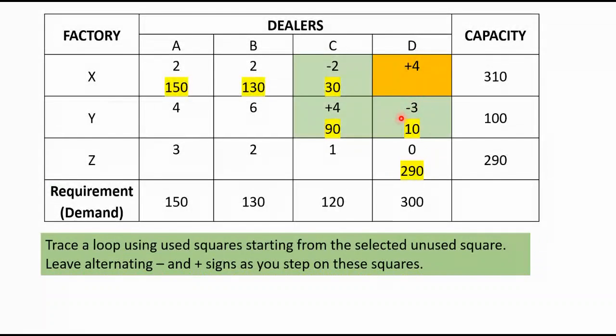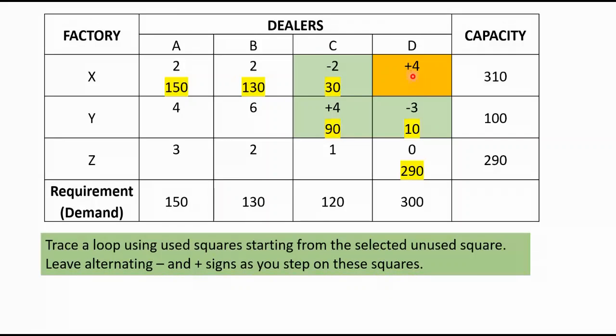Okay, so for the second step, now that we have selected square DX, we are going to trace a loop using used squares, or occupied cells, starting from the selected unused square, and then leave alternating negative and plus signs as you step on the squares. So starting from DX, we have here positive 4. That's the first sign that we will put in.